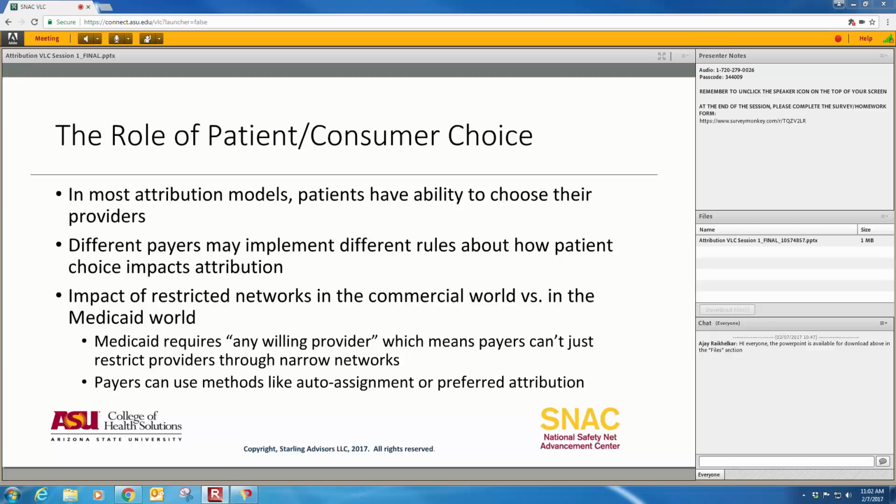Depending on where you are in your discussion with those who pay you, one of the negotiation points that often gets missed is this: negotiations tend to revolve very much around setting rates, but you can also negotiate on how patients are ultimately assigned or attributed to you under various payment models.